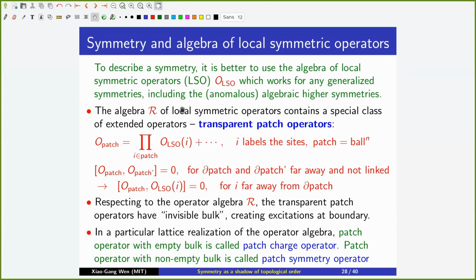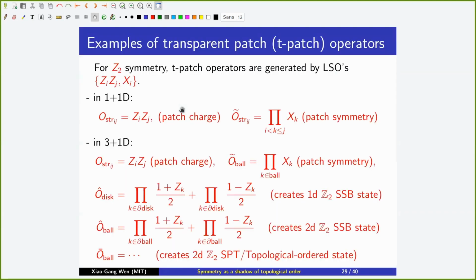Okay. So this is a patch operator. Let's just give some example, like in an Ising model. We have a spin flip symmetry, from spin up to spin down. That's Z2 symmetry.